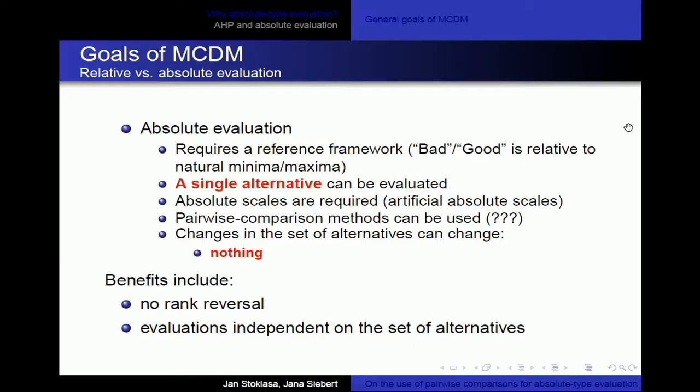Also, you need to use absolute scales, and there is a guarantee that if you change the alternatives, or their evaluations, if you remove an alternative or add an alternative, the evaluations of all the other alternatives will remain unchanged.